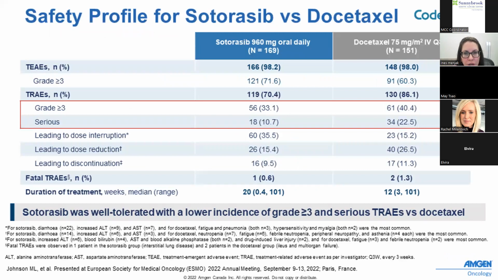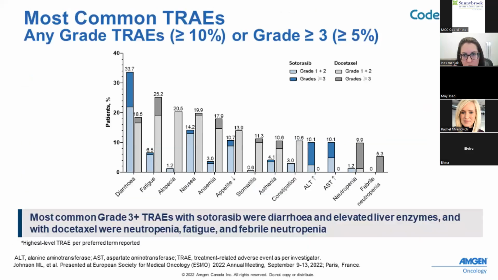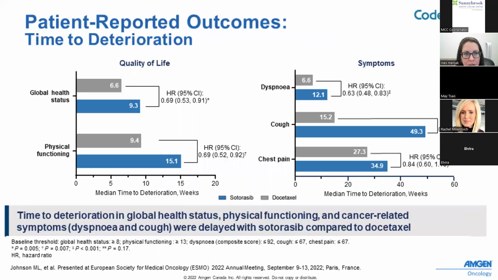The safety profile in general favors sotorasib with fewer grade 3 and higher AEs. Most common grade 3 plus toxicities with sotorasib are GI related, with diarrhea, elevated liver enzymes, and nausea. Patient-reported outcomes also favored sotorasib with delay in time to deterioration of symptoms, quality of life, and functioning.